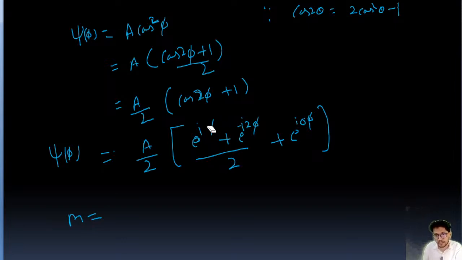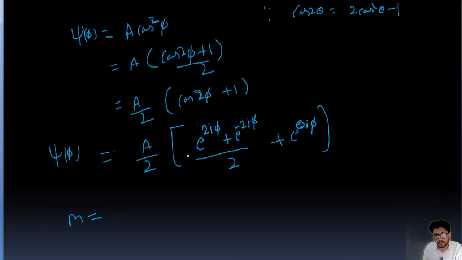This will be better. This is going to be e to the power 2 i phi plus e to the power minus 2 i phi, and plus e to the power 0 i phi. So from here we can directly tell the values.